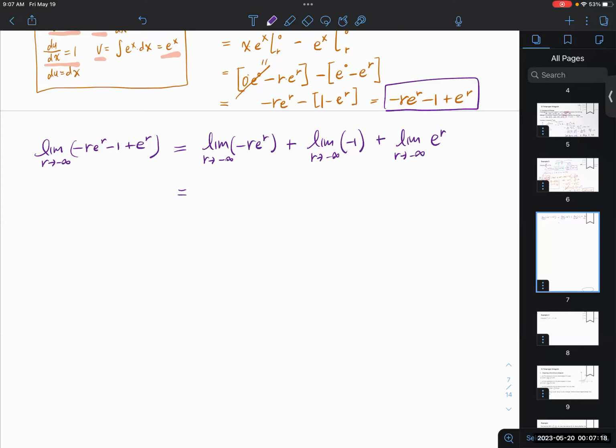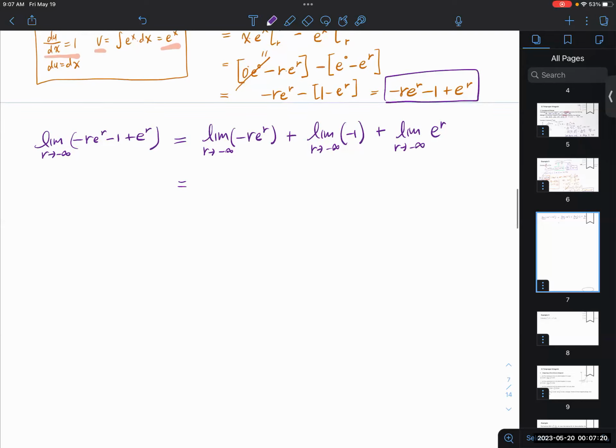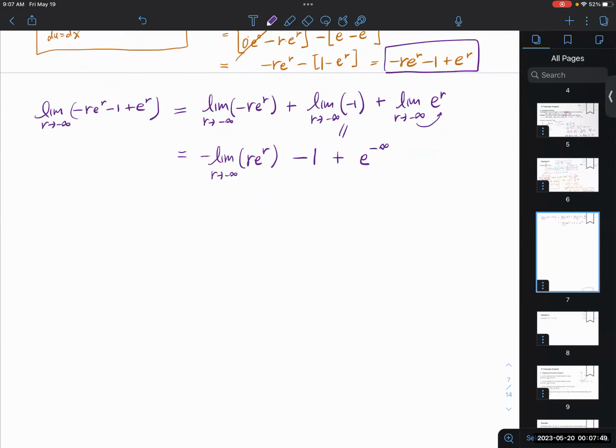I'm going to bring the negative to the front: r e to the r. This one is anyway negative 1, a constant. And then the last one, direct substitution, e to the negative infinity, which is going to be 0.